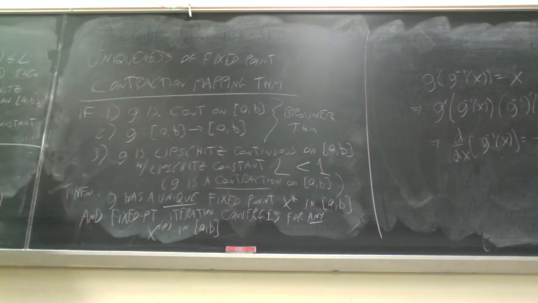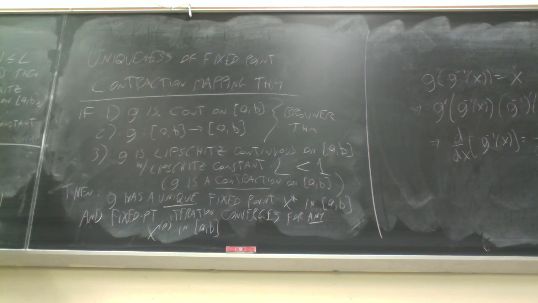So if you've identified an interval where G has a fixed point, and you're able to establish Lipschitz continuity with a Lipschitz constant L less than 1, which also means if the derivative is less than 1 in absolute value on the interval, then we are assured that fixed point iteration will work.